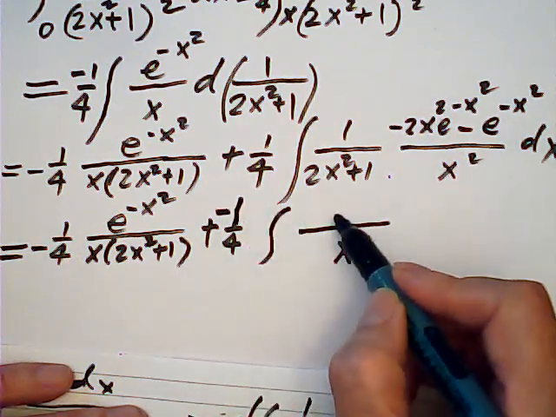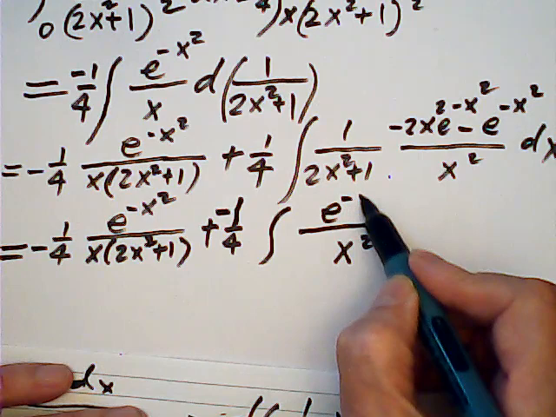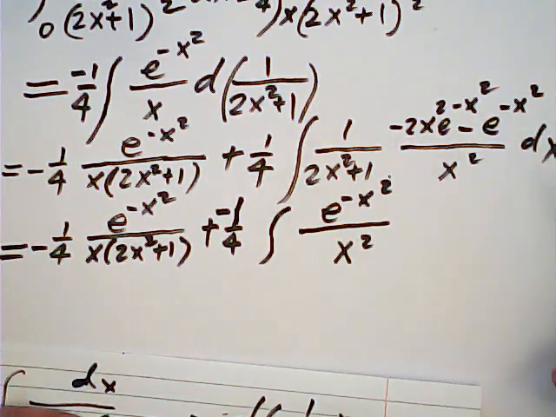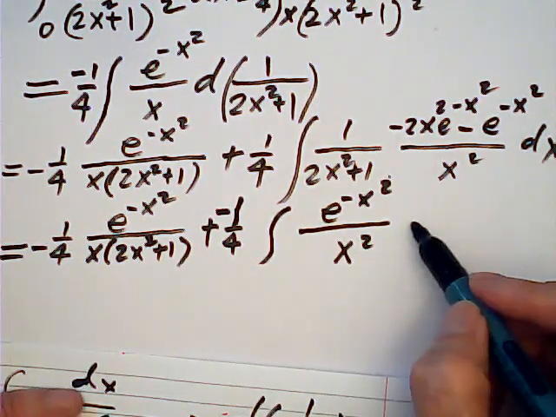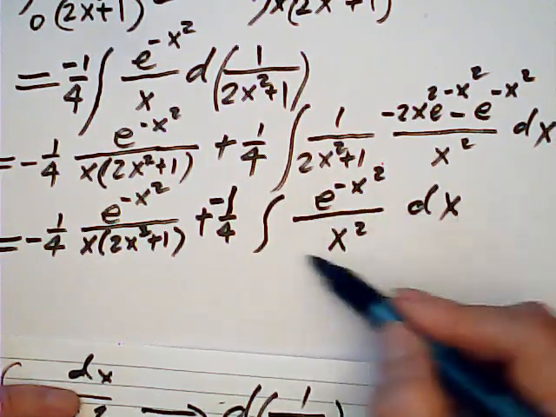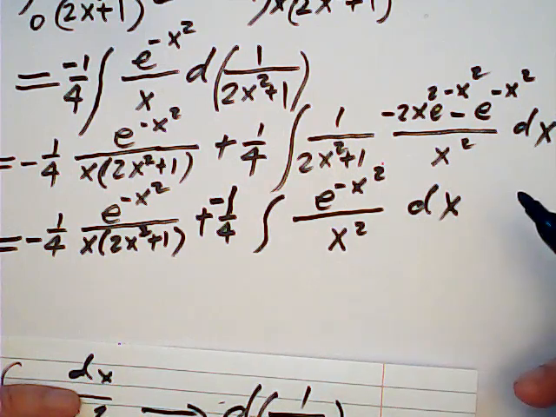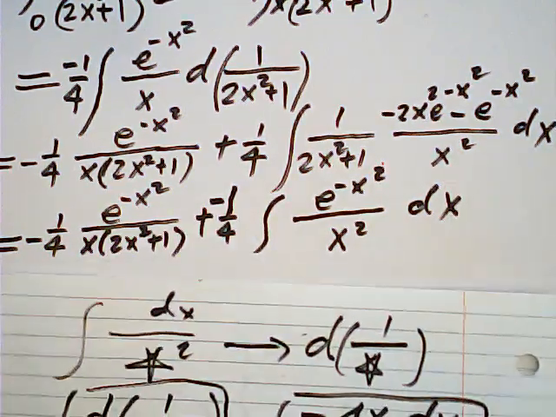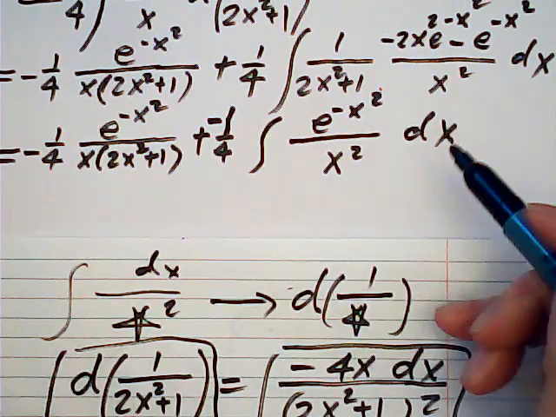Leave the negative outside. And this is e to the negative x squared, because 2x squared plus 1 cancels with that one. That is still a problem. I mean, we didn't really solve the problem yet.